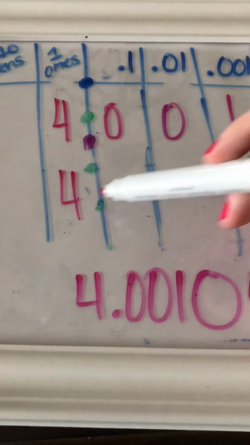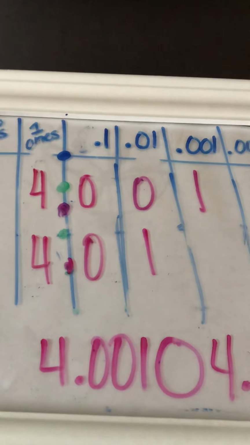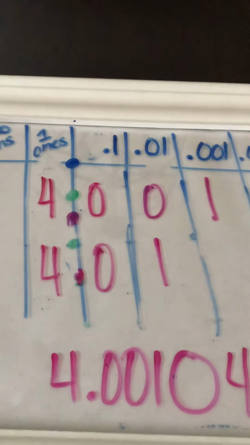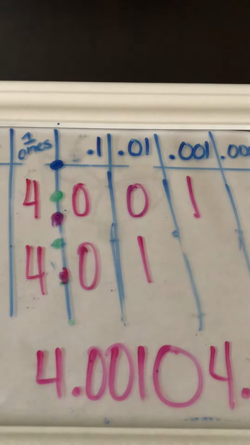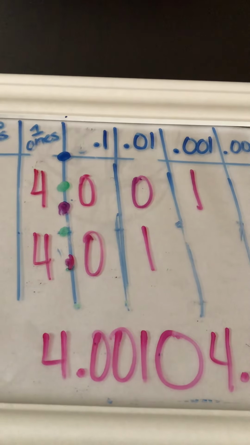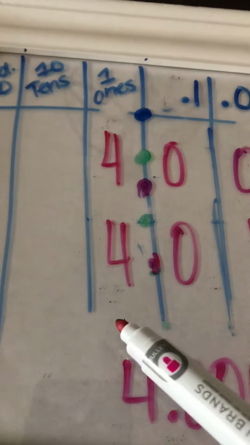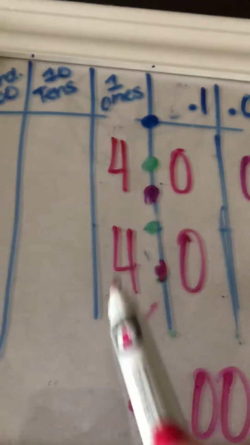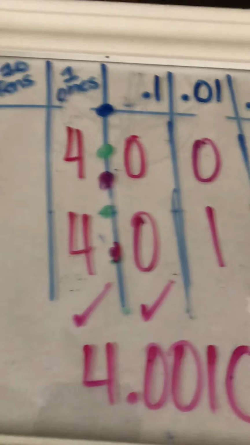So 4 and 100th. And when you're comparing numbers or decimals, it's just like comparing whole numbers. You want to start in the front with the greatest value and kind of work your way backwards to see what the differences are. So if we're in the ones column, both of these numbers are 4, so far they're equal. Then we move to the tens column, they're both 0, so those are equal.